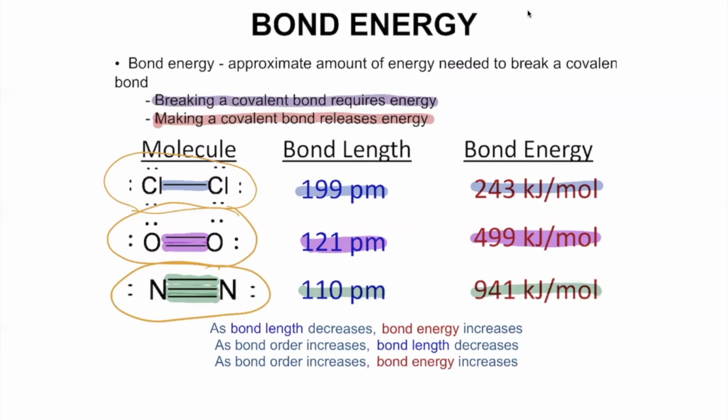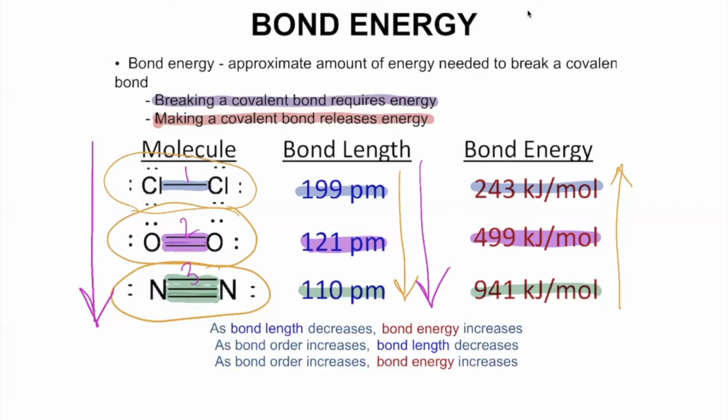So 3 ways to describe this table is as the bond length decreases, our bond energy increases. Next, as bond order increases, this is first order, this is second order, and this is third order. So as bond order increases, bond length decreases.